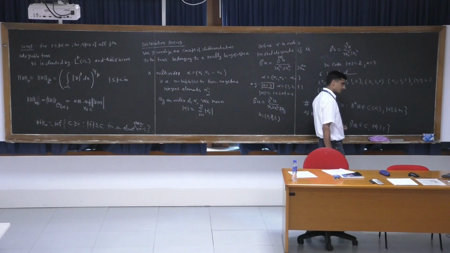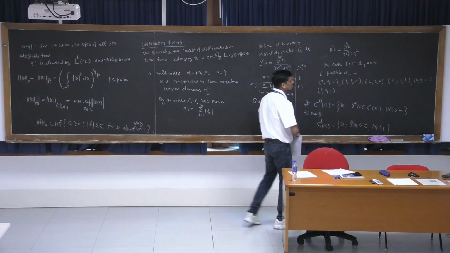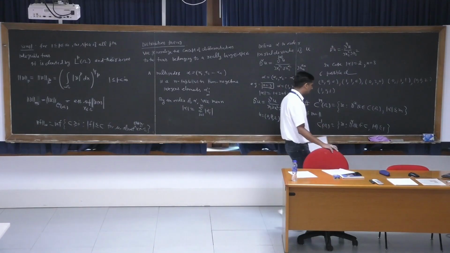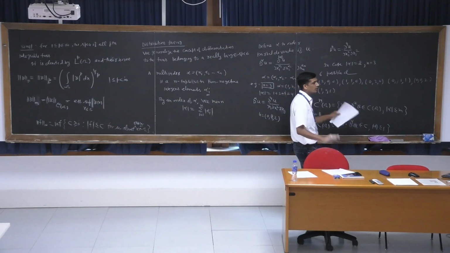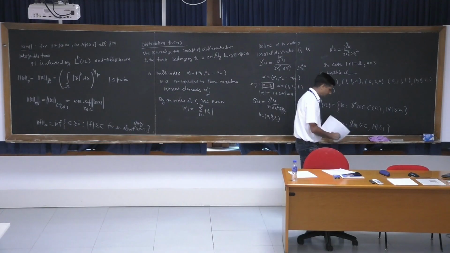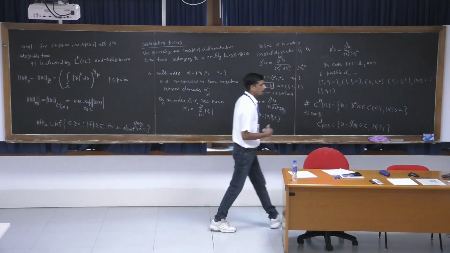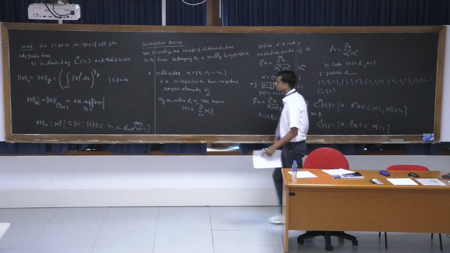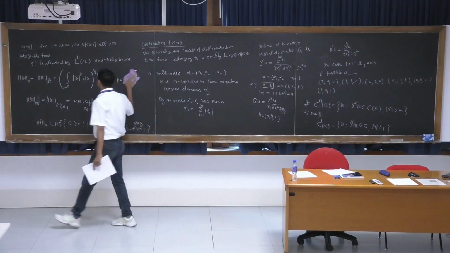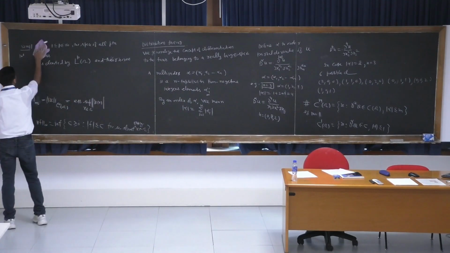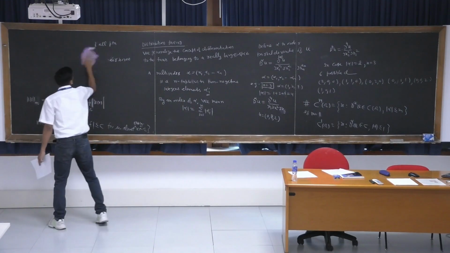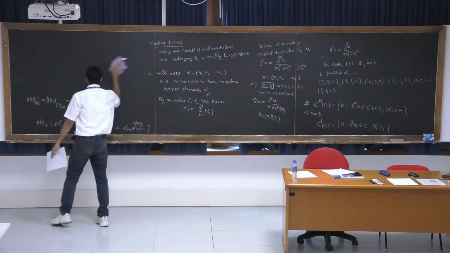Those are the functions that are continuous and whose derivative is also continuous. But later I will explain that this is not the classical derivative. This is the weak derivative. Later I will explain what the weak derivative is and how it behaves, meaning a function may not have a classical derivative but still have a weak derivative.